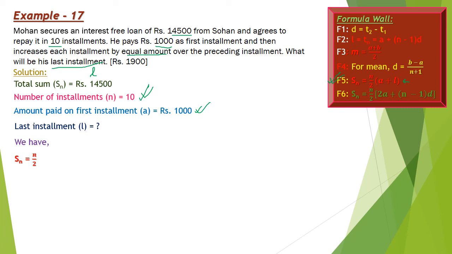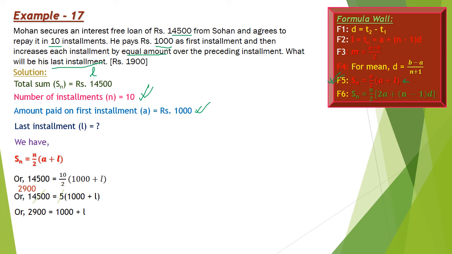We know Sn is equal to n by 2 bracket a plus L. So Sn is 14,500, the value of n is 10, and the value of a is 1,000, plus L. That is 14,500 equal to 5 bracket 1,000 plus L. Now we can cancel it. 14,500 divided by 5 is 2,900. So 2,900 equal to 1,000 plus L. The question looks difficult, but we have almost completed it.